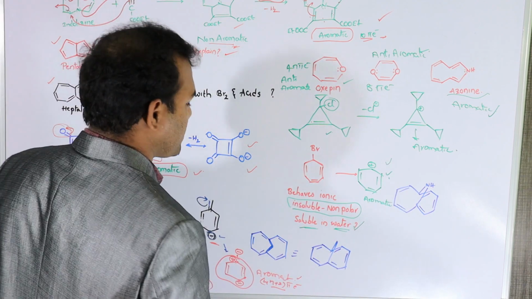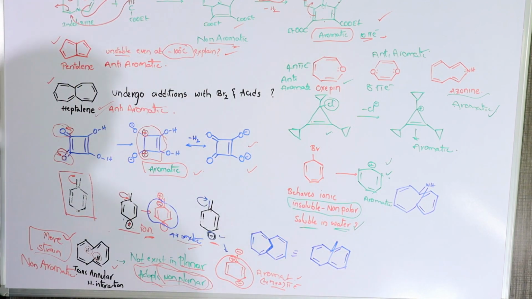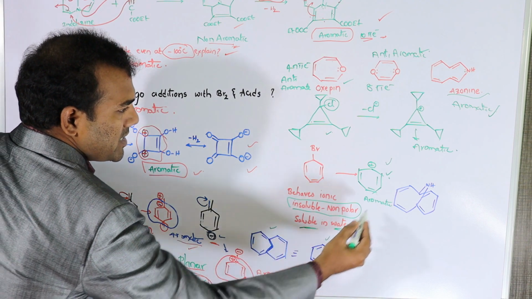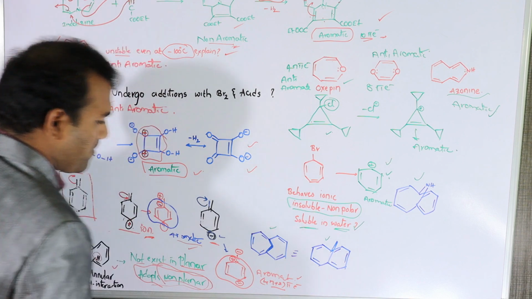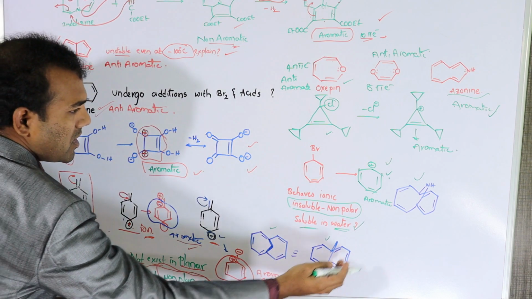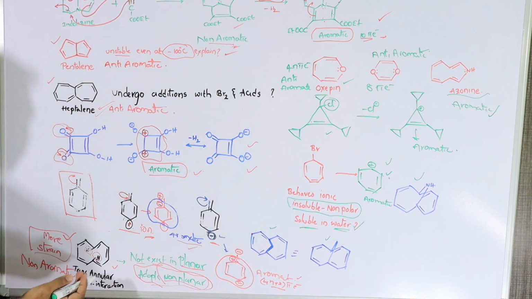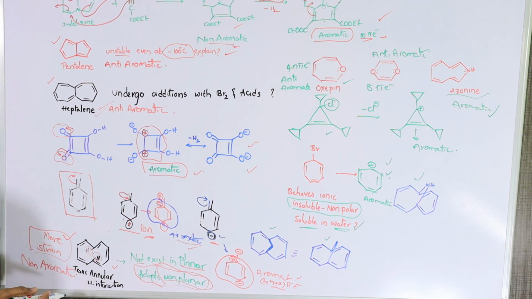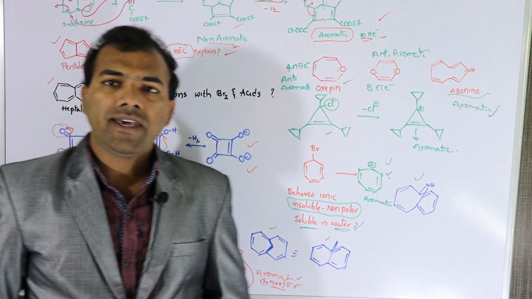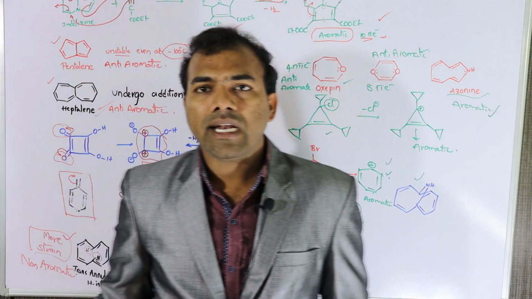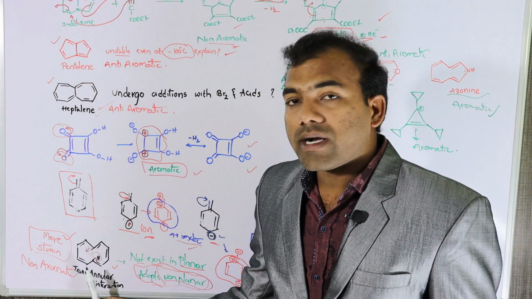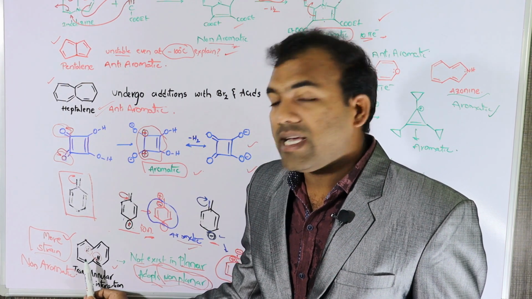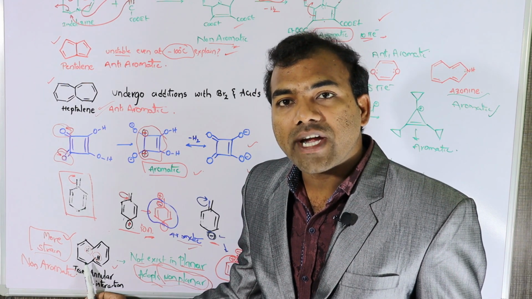Next example. Here you can see these 3 examples. These examples are coming from the concept of this example here. So we have discussed that annulene, 10 annulene, means there are 10 carbon atoms in a monocyclic conjugated polyene.